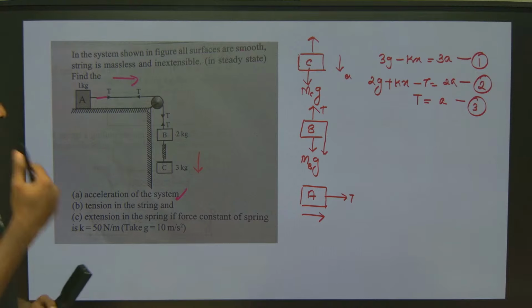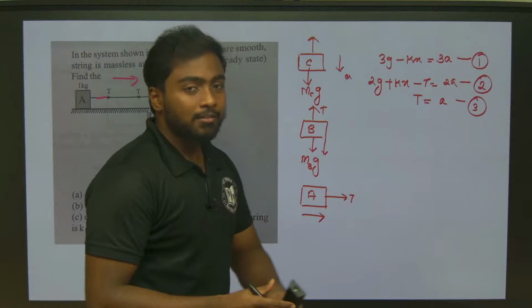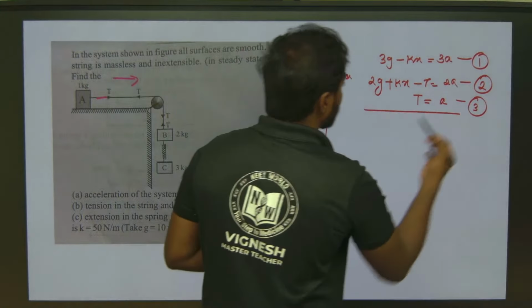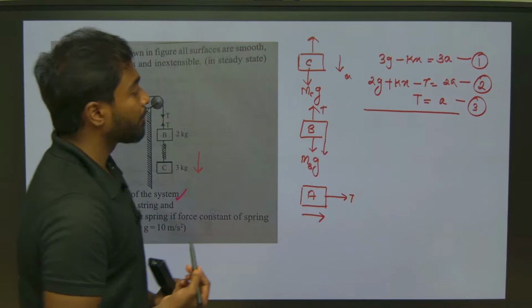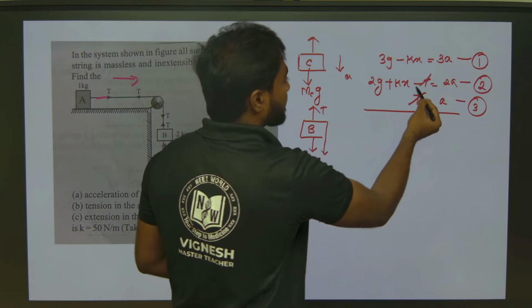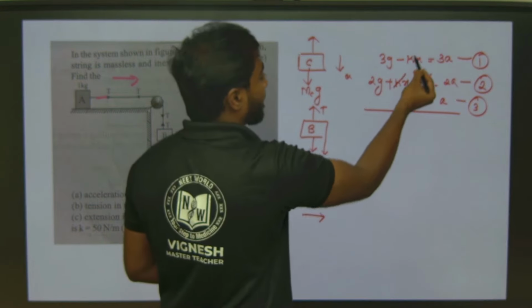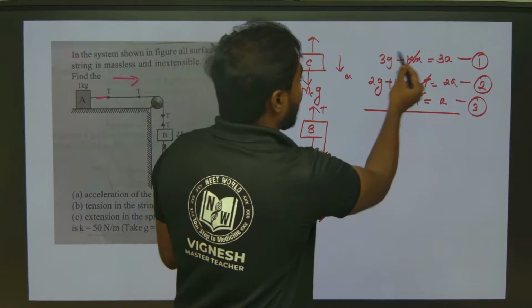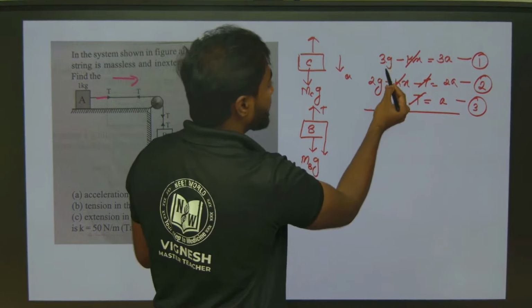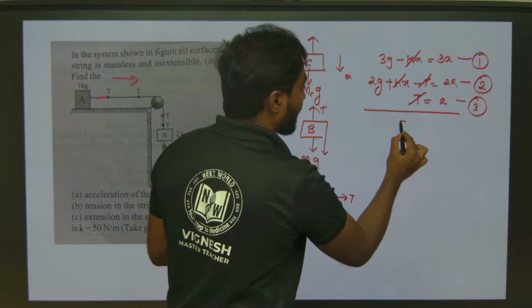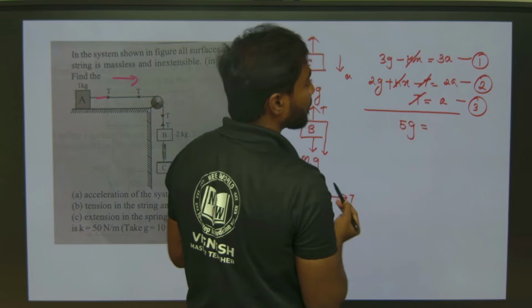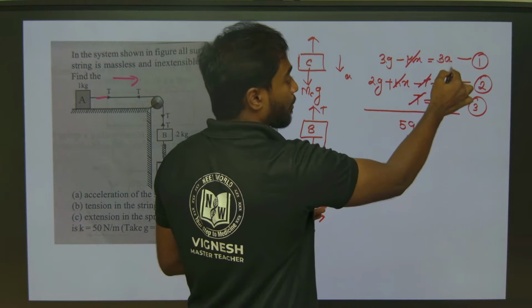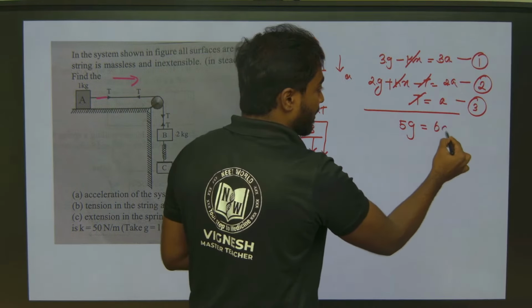Now these are the equations we got from the free body diagram. Let me add these equations. Plus T minus T will get cancelled, plus kx and minus kx will get cancelled. Now adding, 3g plus 2g, 5g, equals 3a plus 2a plus a, so 6a.